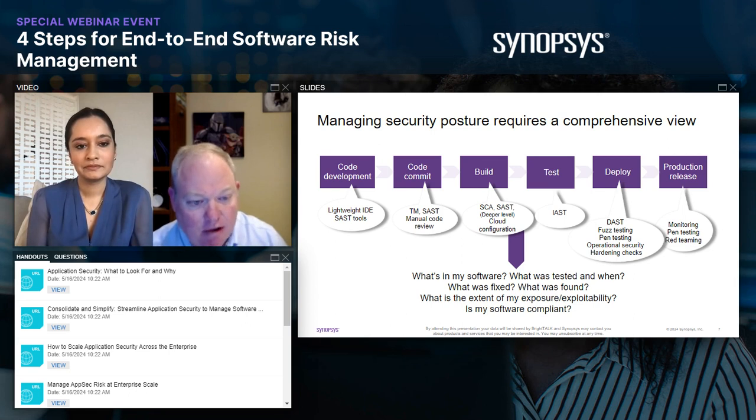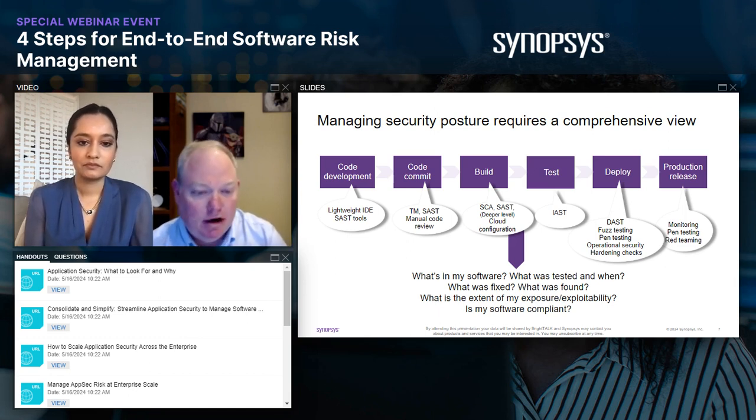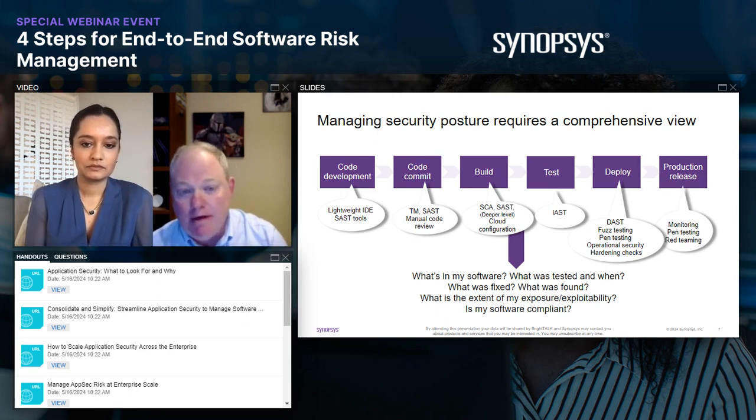So, that whole shift left movement has happened over the last few years in terms of development as well as in security testing. And what's ended up is now there are different tools that are ideal for different parts of the SDLC. When I talk to organizations, most are doing some combination of testing at different points that we see here. They're probably doing static analysis at the code development level, when a developer checks in new code, or when you do a build in a pipeline, you run a static analysis there.